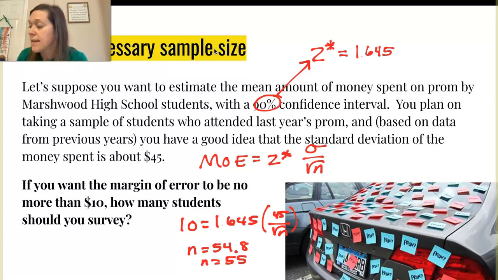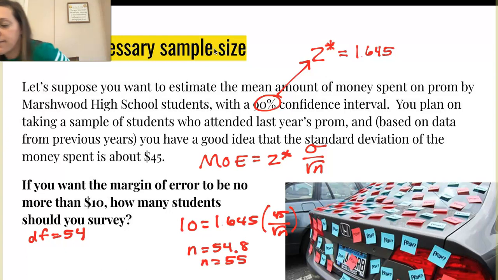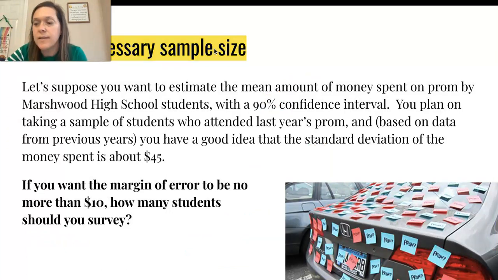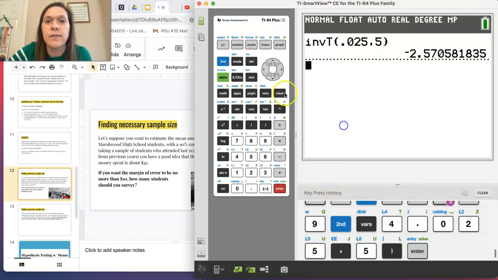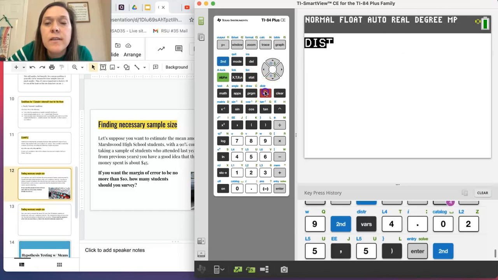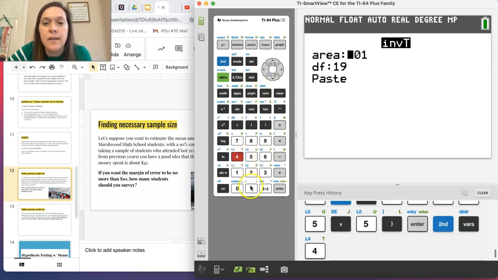Now we can take that and make it our degrees of freedom, so my degrees of freedom would be 54. Then we can find our t-crit value. Let me get my calculator out. For the t-crit value, inverse t, 90% confidence means 5% in each tail, so 0.05.